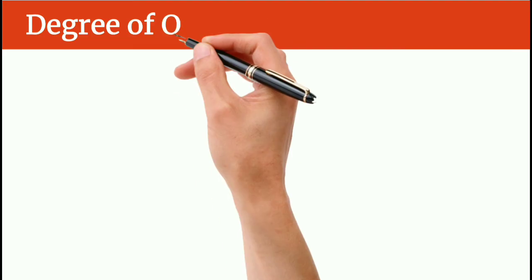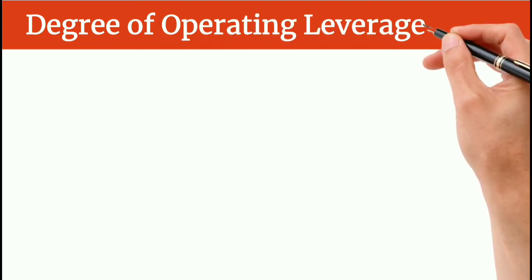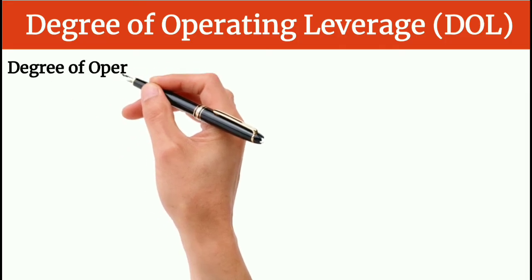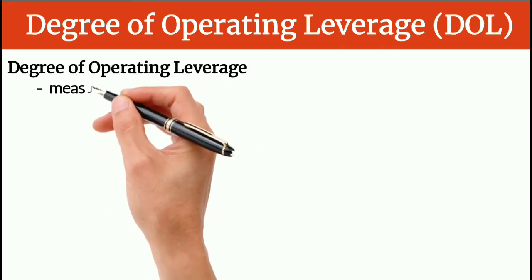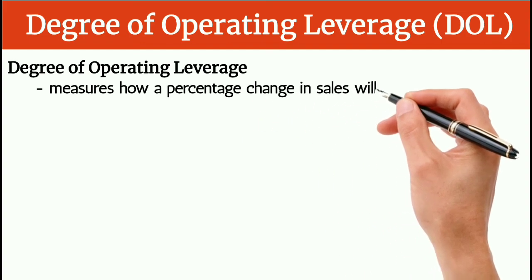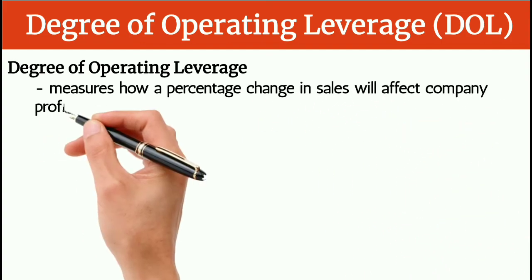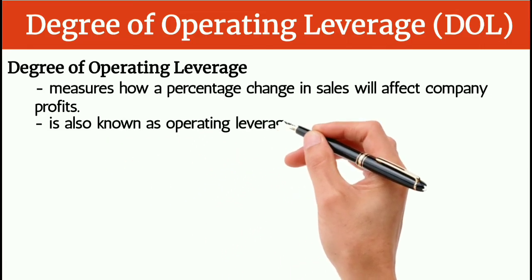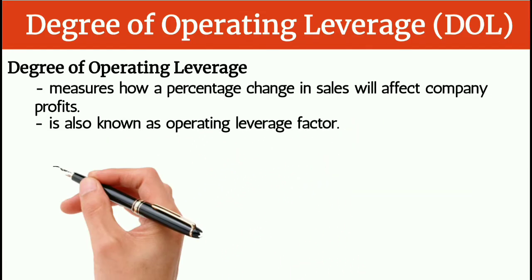Another tool in CVP analysis is the degree of operating leverage or DOL. Degree of operating leverage or DOL measures how a percentage change in sales will affect company profits. This is also known as operating leverage factor.